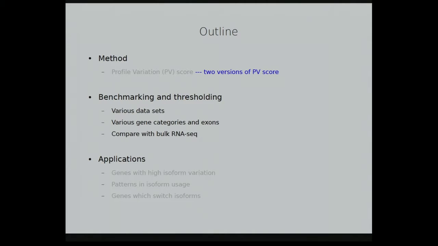So in the first part, I introduced two versions of PV scores. One I call the original PV score, and the other the PV score with the gene length regressed out.